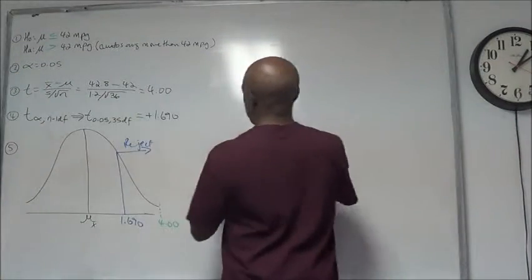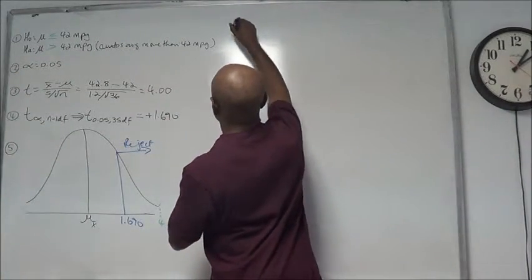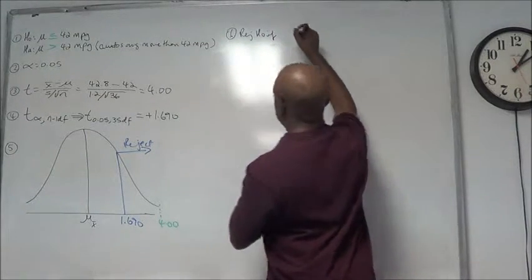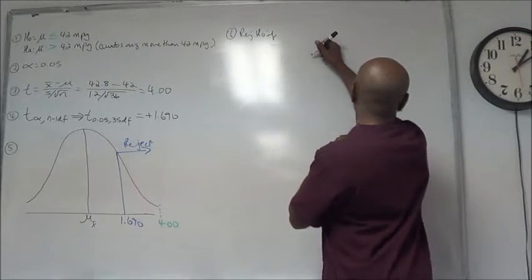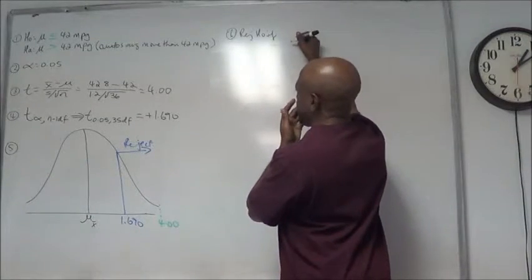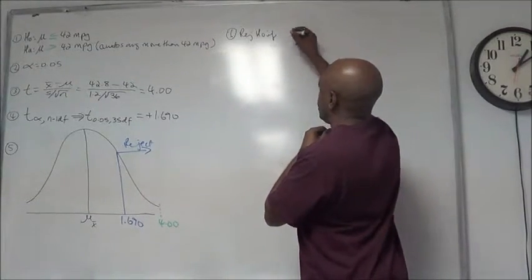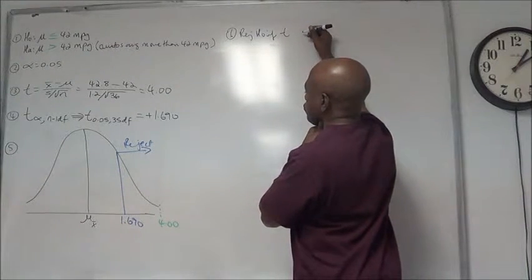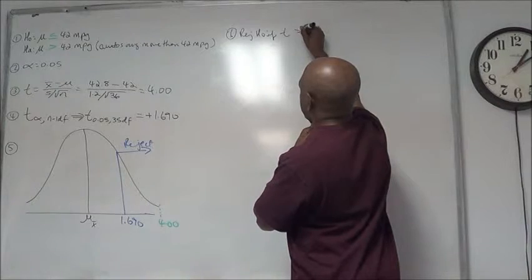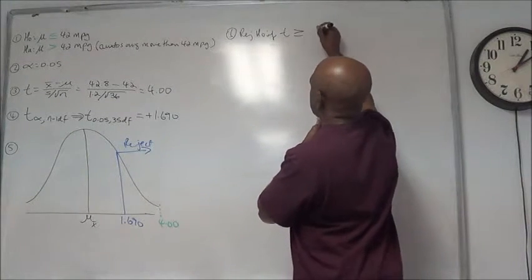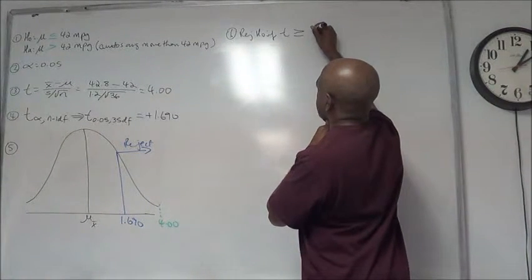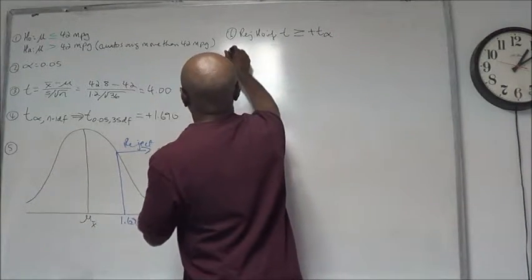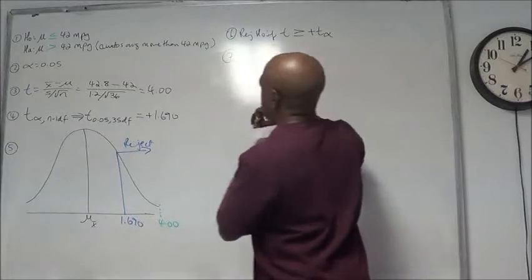So what's the rule? Reject H0 if T is greater than or equal to T alpha. What's the decision?